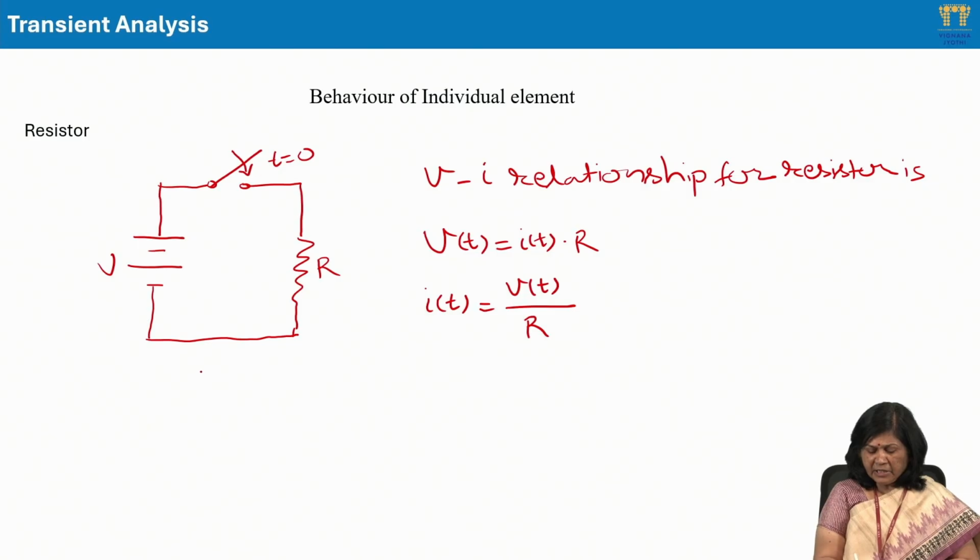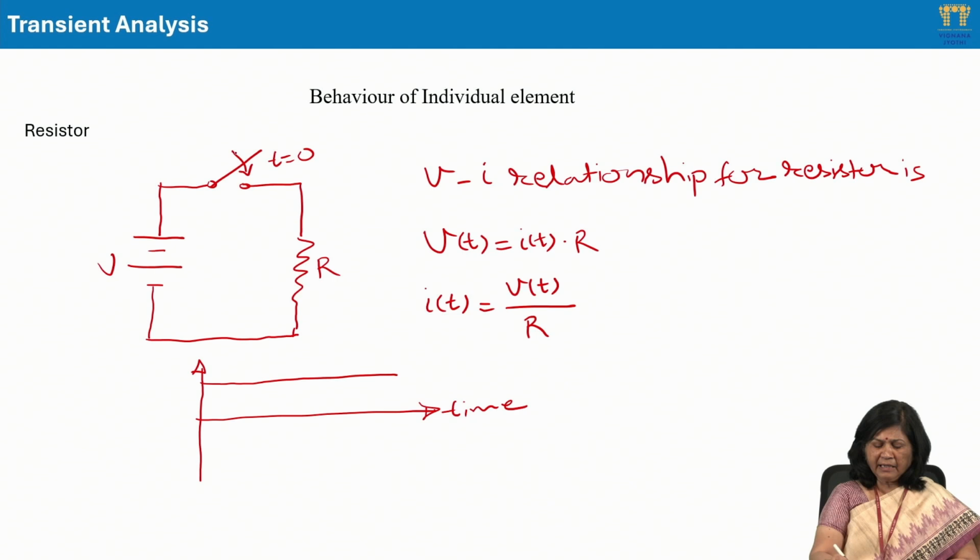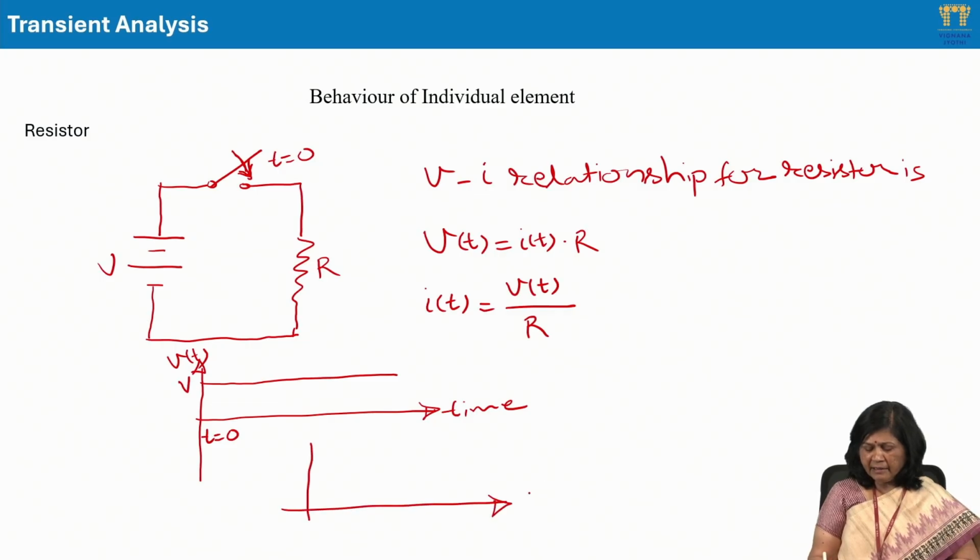Whenever there is a switching operation, suppose I take the characteristic like this. When I apply the voltage to the circuit at t equal to 0, the switch is closed, and the voltage across the resistance will be V. At the same time, at t equal to 0 when the switch is closed, I will have the response for current.